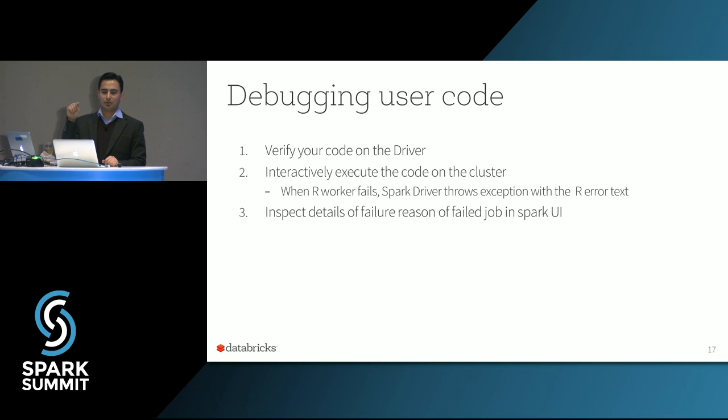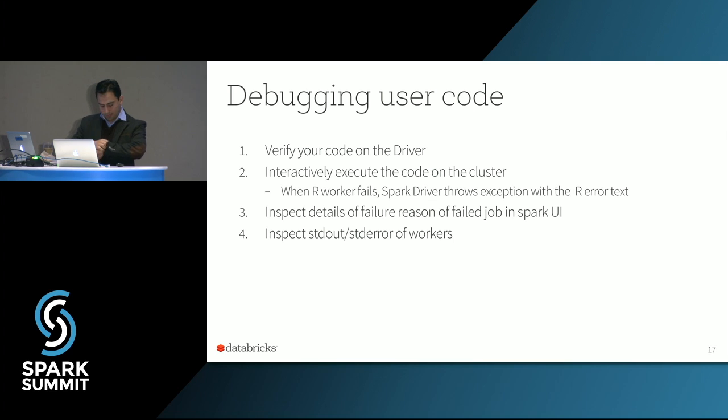If you go to the job details on Spark UI and you click on your failed job, you can see more details why the job failed, and that exception will include the error message from the R worker. And finally, depending on the type of cluster manager you're using, in different ways they allow you to see the standard error and standard out of your R workers. So that'll help you debug it as well.